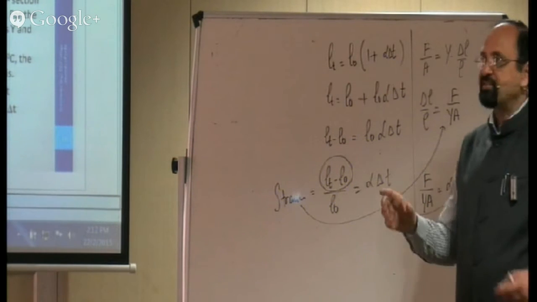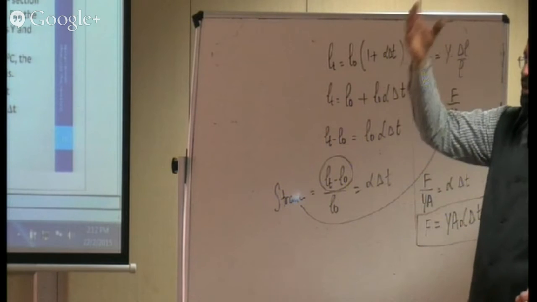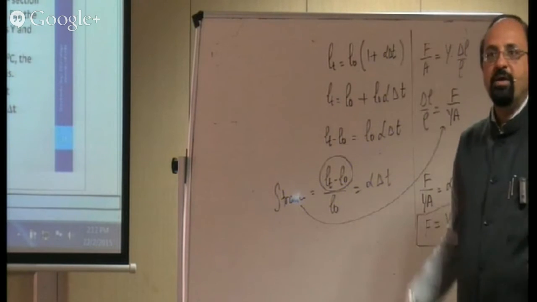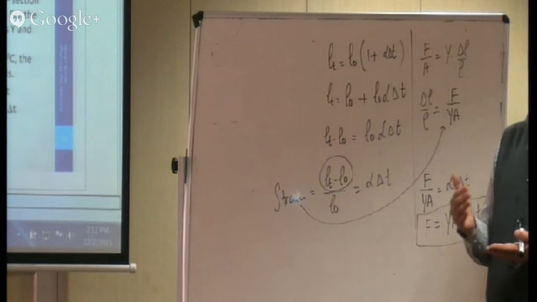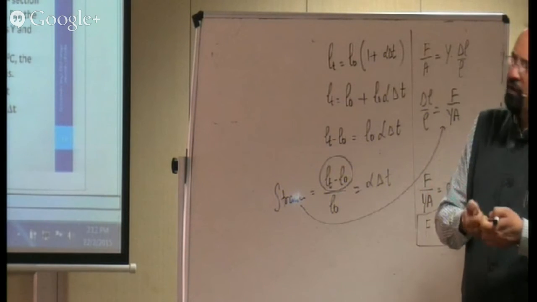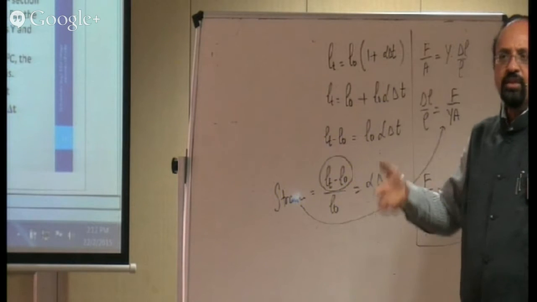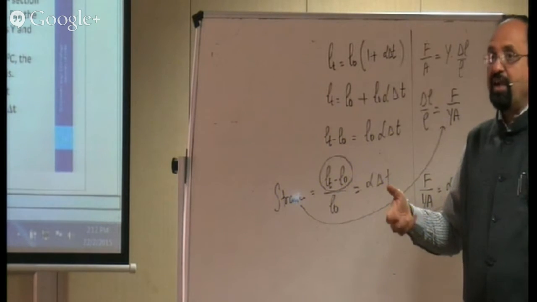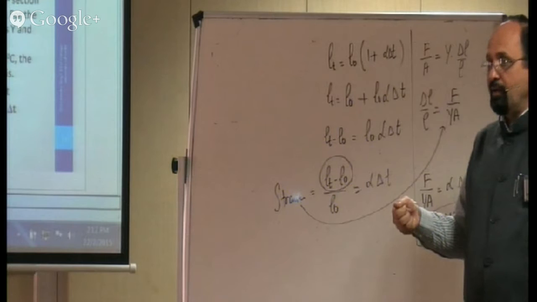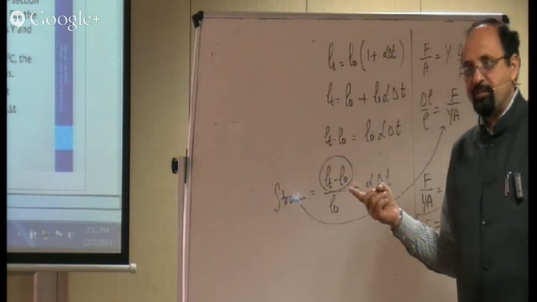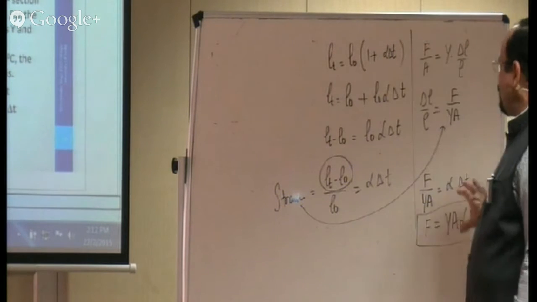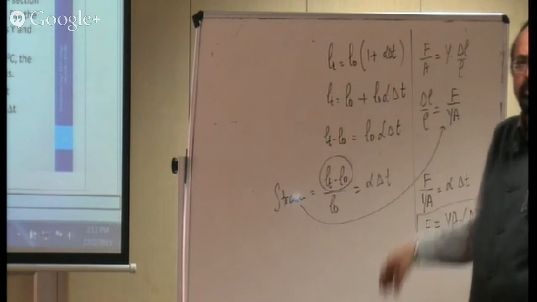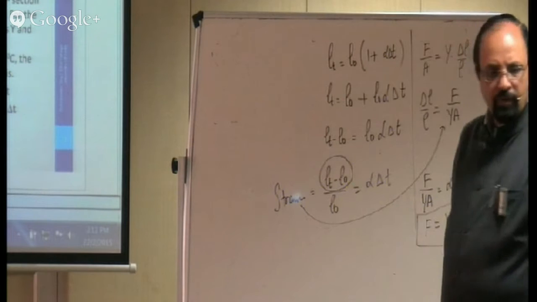If I have, say for example, a metal rod in my roof, with the change of temperature, definitely the metal rod will expand. So it is under stress. But if that stress becomes more than the breaking stress of the material, things will crack. So this is one of the very important features, especially for designing purposes. We have to make use of this formula, right?